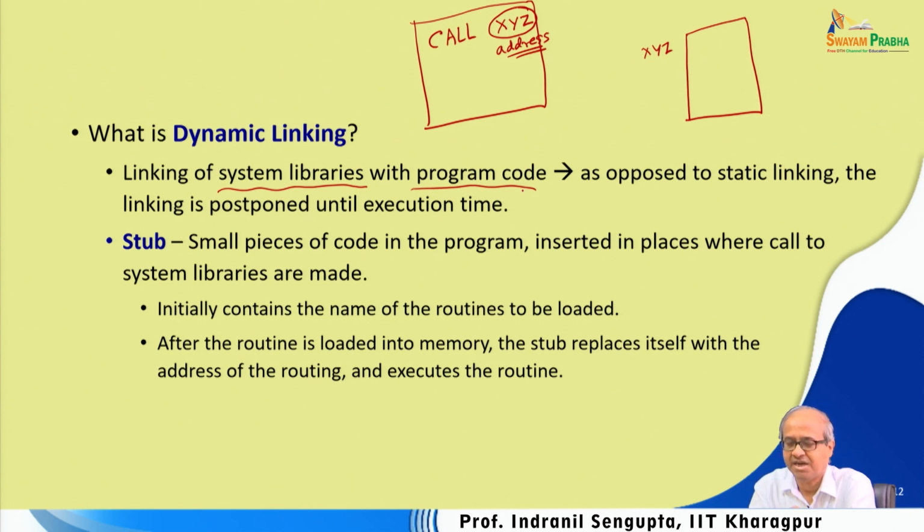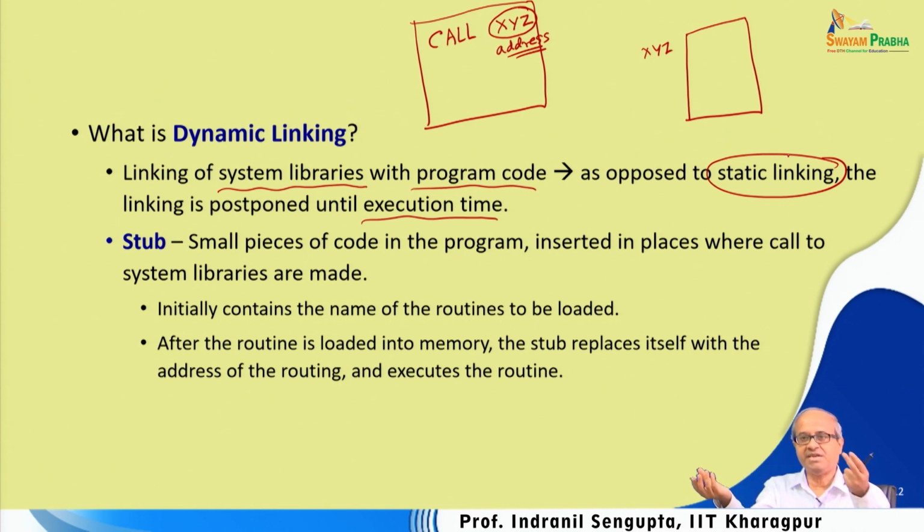This is referred to as dynamic linking if it is done at execution time. Normally, this linking is done by the compiler, and that is called static linking. When the object code is generated, the linking is done and everything together is my object code. But if I say that I need dynamic linking, this means the call to XYZ, getting the address and linking them, will be done during execution.